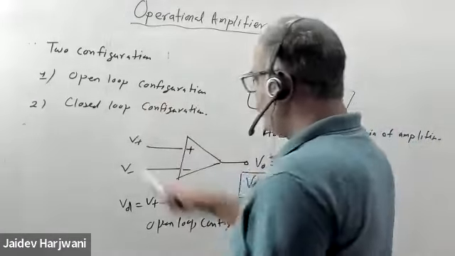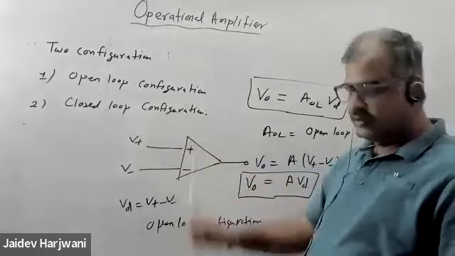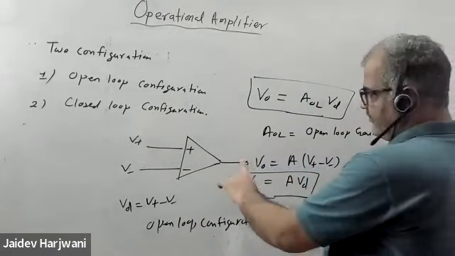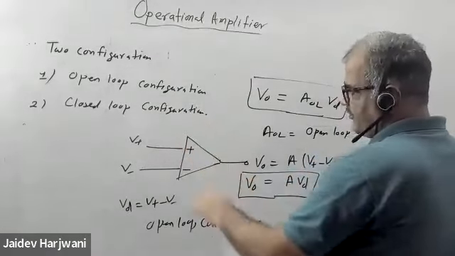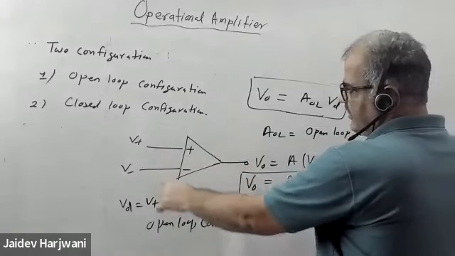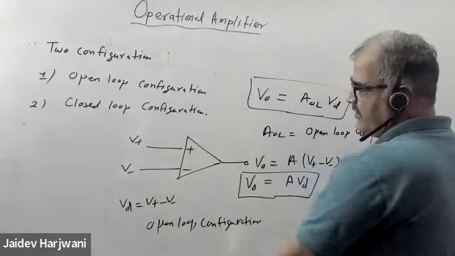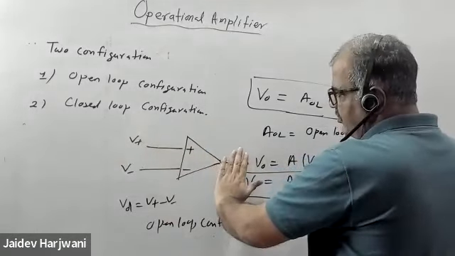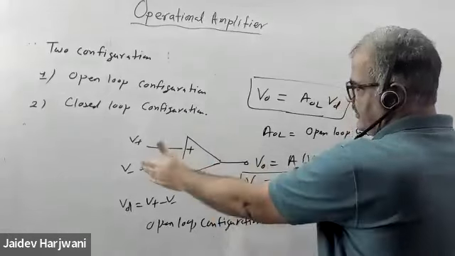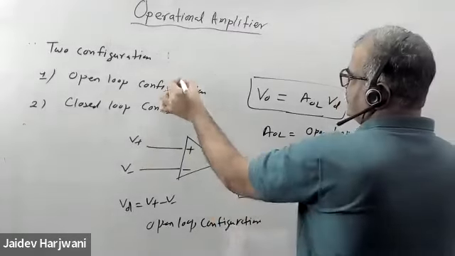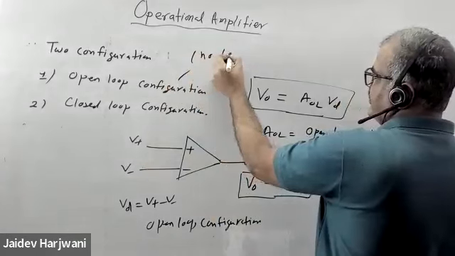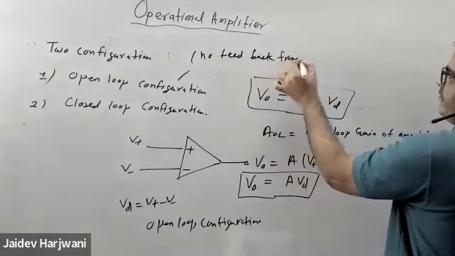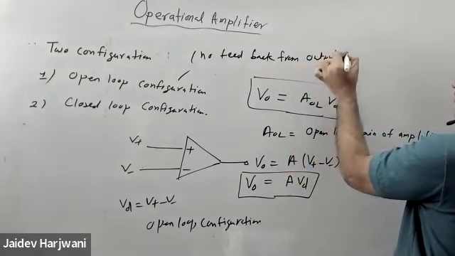Now what is closed loop configuration? Closed loop configuration means that if some feedback is coming from the output, either at the inverting terminal or the non-inverting terminal, then that will be closed loop. This is open loop because there is no feedback from the output. So open loop configuration means no feedback from the output terminal.